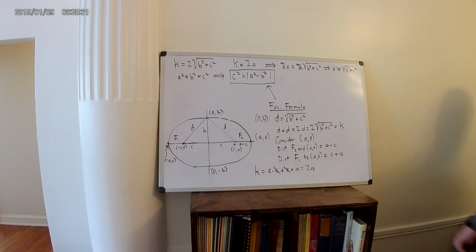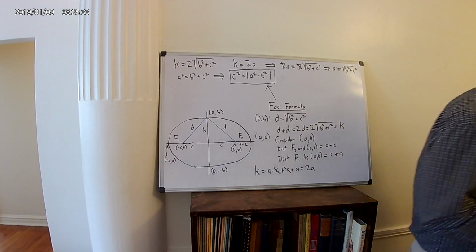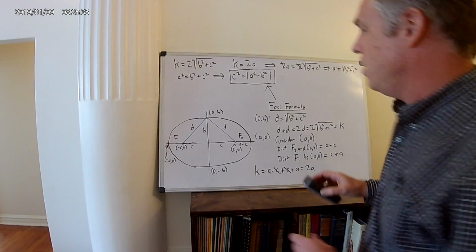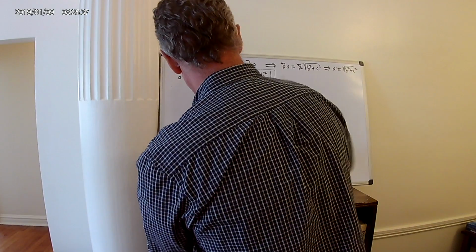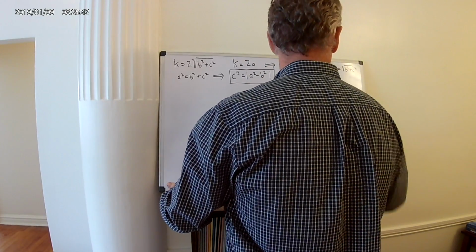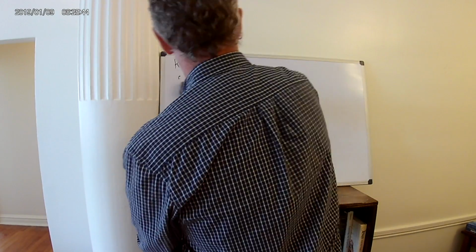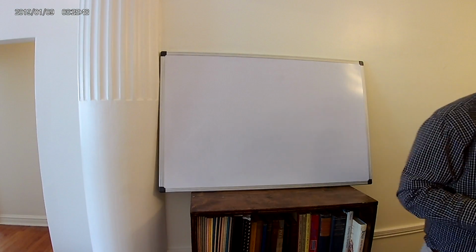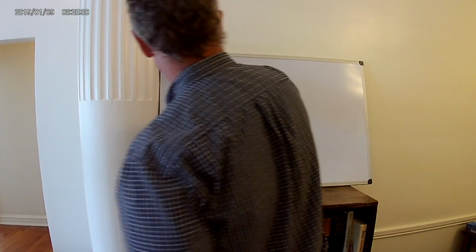Okay, I want to do one quick example problem and then just mention one application of ellipses. And actually, before I do the example problem, I want to mention one other aspect of ellipses. That's called eccentricity.